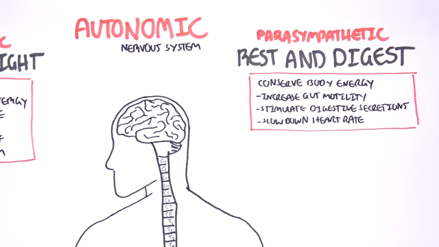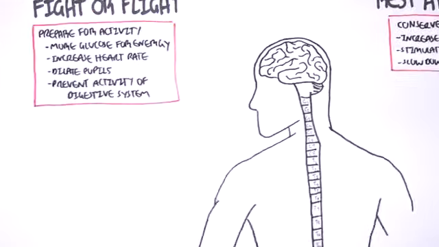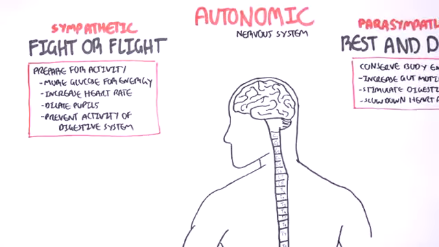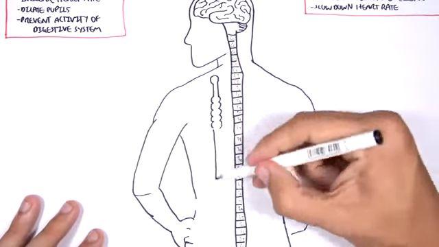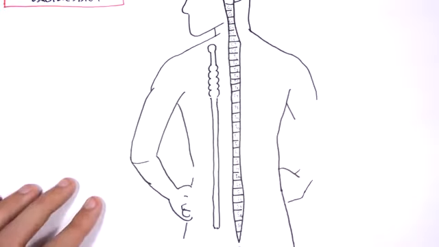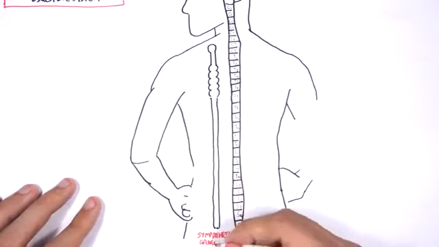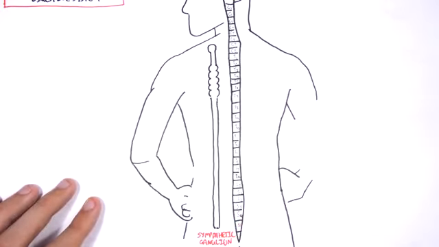Now let us mainly focus on the sympathetic nervous system, so the fight or flight response. Now let us look at what organs the sympathetic nerves mainly target, just an overview, and what they do. But first I must introduce the ganglions here. The ganglion is where nerve cells synapse with one another.